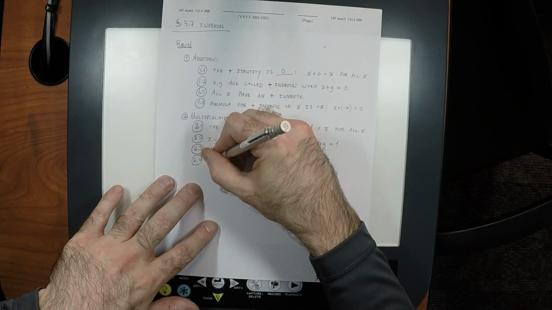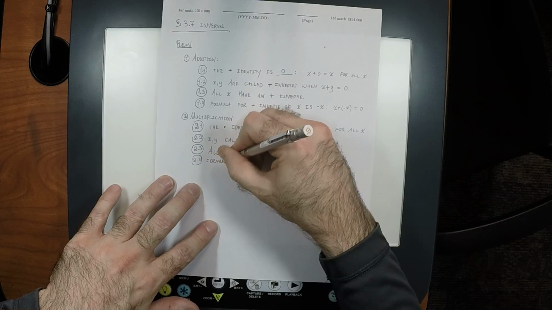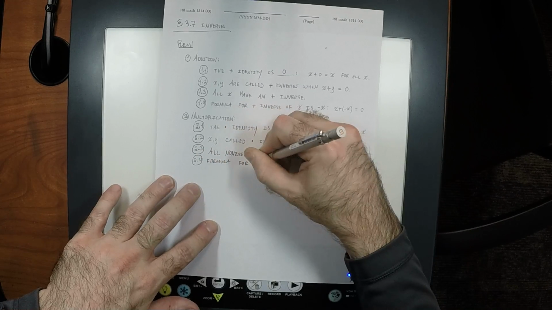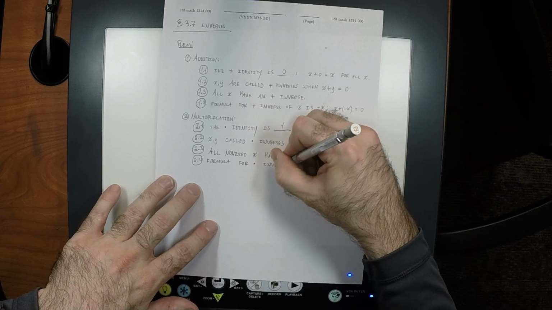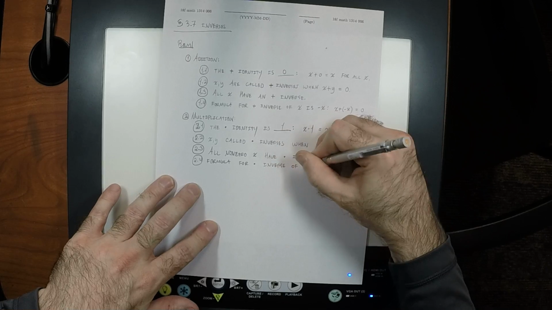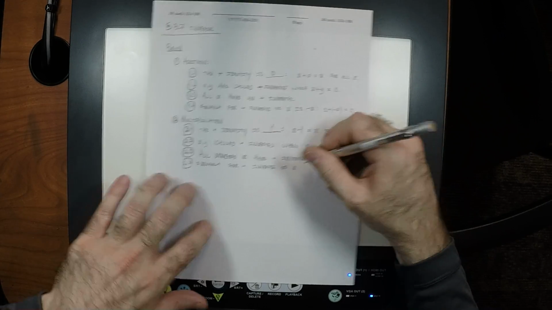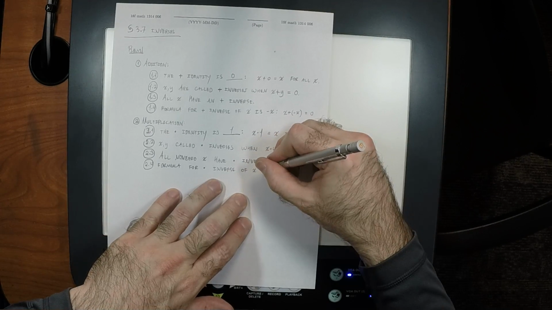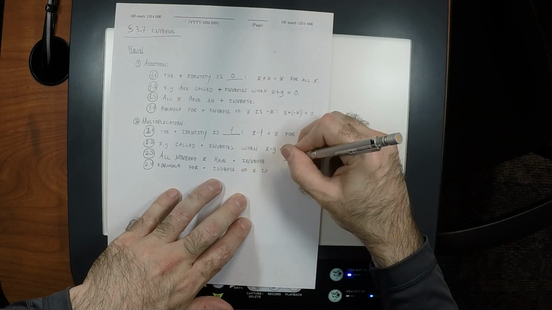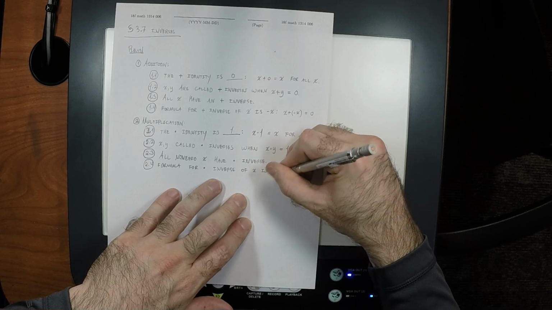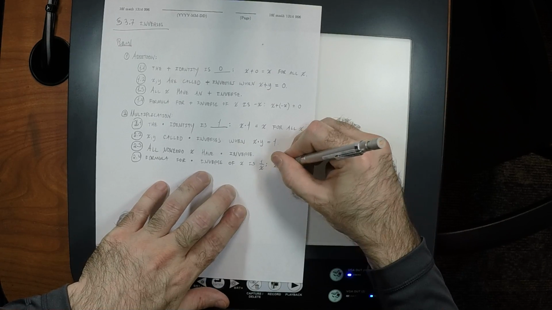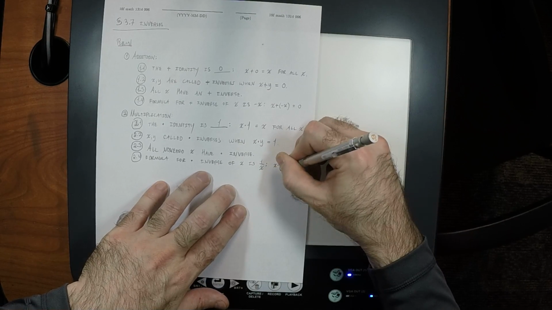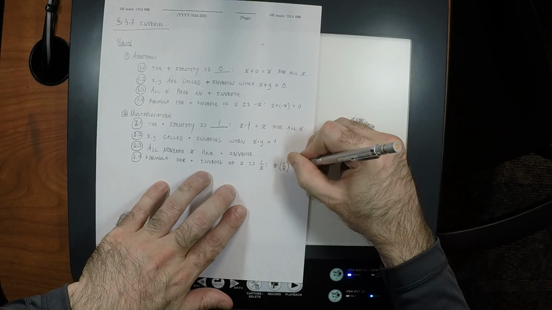So the formula for the multiplicative inverse of x is the reciprocal, which is to say 1 over x. Because after all, if you do x multiplied by 1 over x, what do you get?